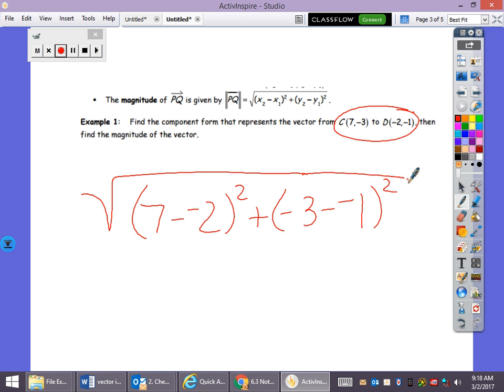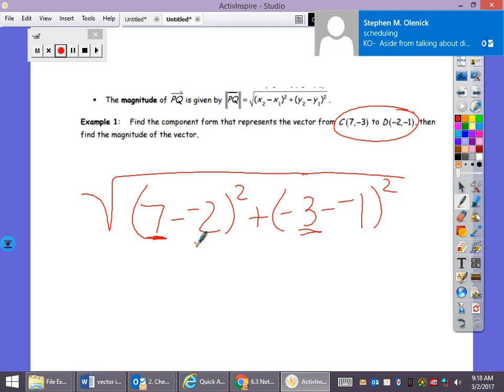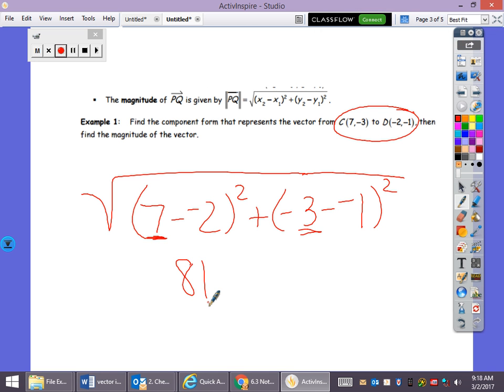Does it matter which order? It doesn't matter as long as this is an ordered pair and this is an ordered pair. We'll still get the same exact answer, also because I'm squaring it. So 7 minus a negative 2 really becomes 9 squared, which is 81. If you did the negative 2 first, negative 2 minus 7 is a negative 9, and squared it still gives me 81.